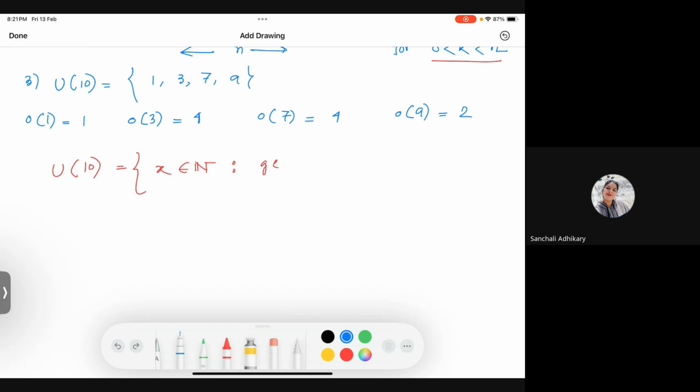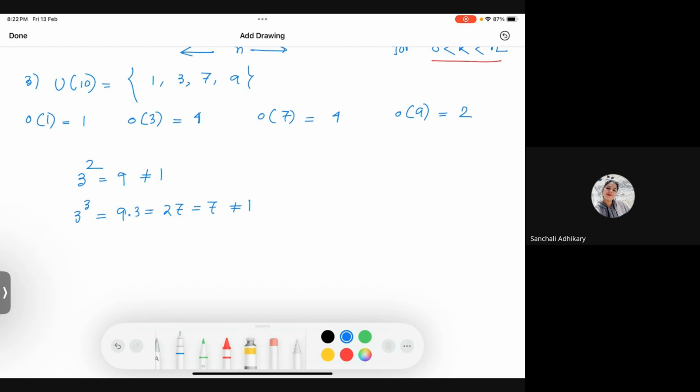So now what is the order of 1? 1 is the identity element of this group, so 1 to the power 1 is 1, and the order of the identity is always 1. Remember this. So what is the order of 3? 3 square is 9, which is not equal to 1 in U10. 3 cube means 9 into 3, which is 27, and in Z10, 27 means 7.